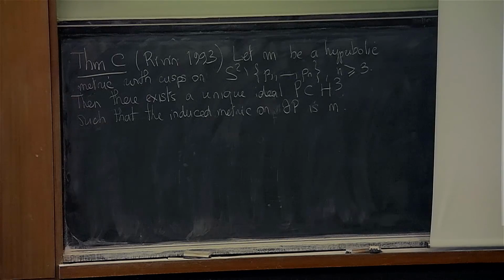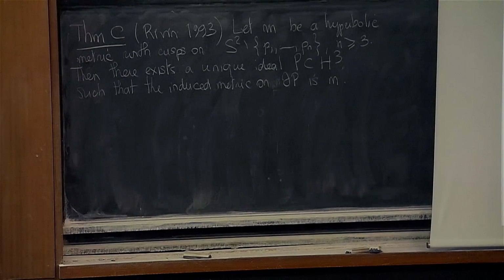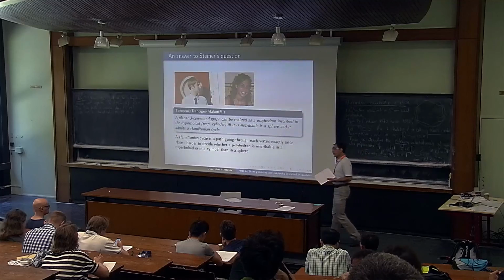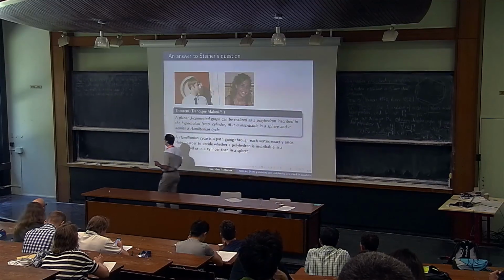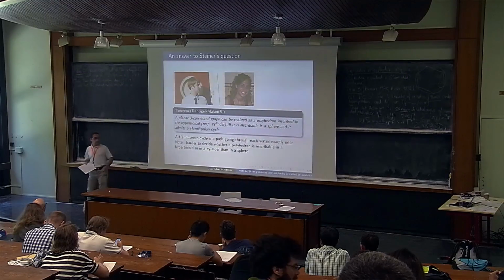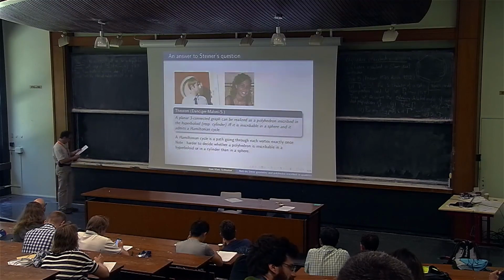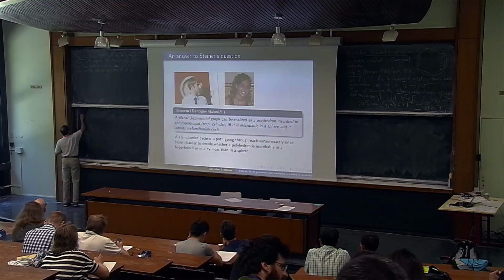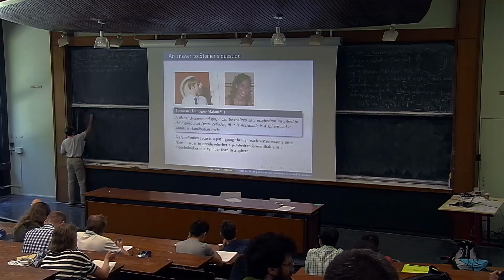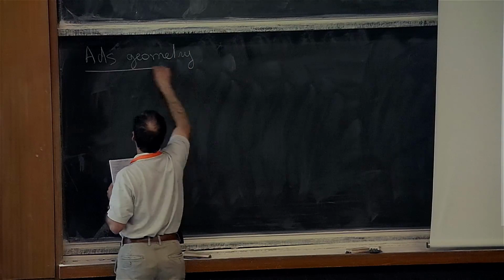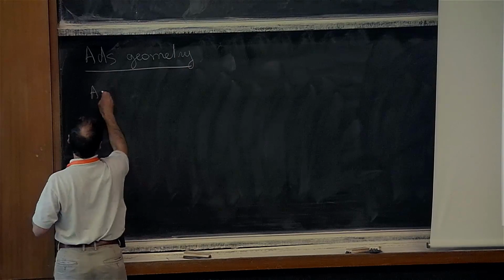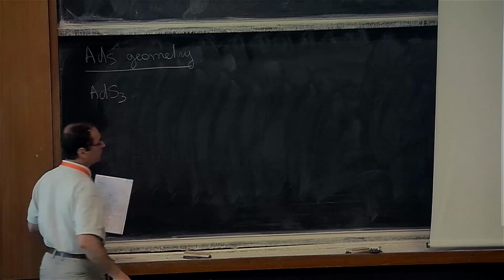Now what I would like to say is that there is a way to do the same sort of things in AdS geometry. I'd like to explain what AdS geometry is, and then we're going to see how this can be used to prove Theorem A. So what is AdS geometry? Well, first, we need to define the AdS space, and AdS is defined mostly like hyperbolic space.